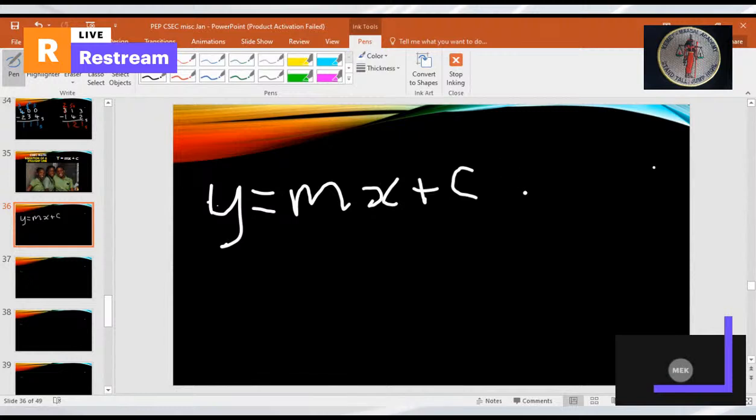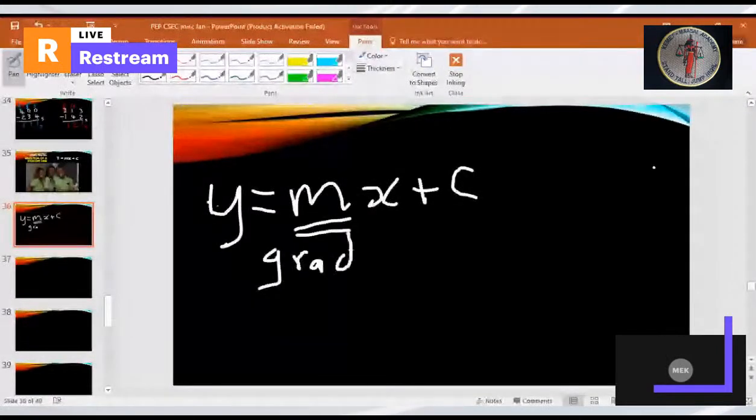So y equals mx plus c. This is the standard form for the equation of a straight line. And from it we can tell a number of things. The m here represents the gradient of the line. So if you know the equation of a line, just looking at the equation, you can tell what the gradient is.